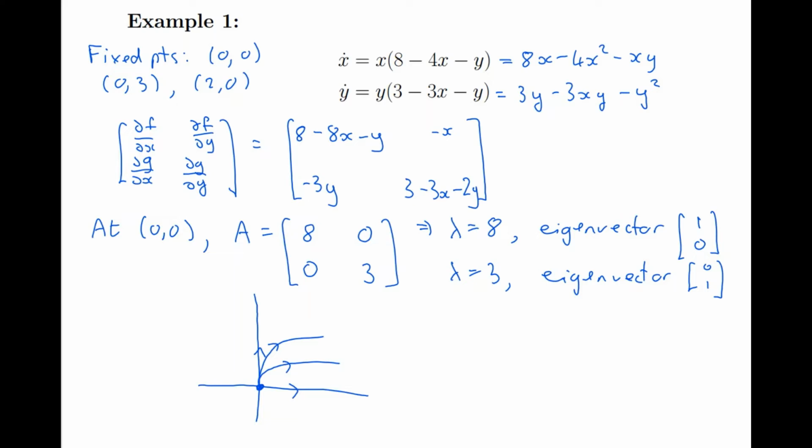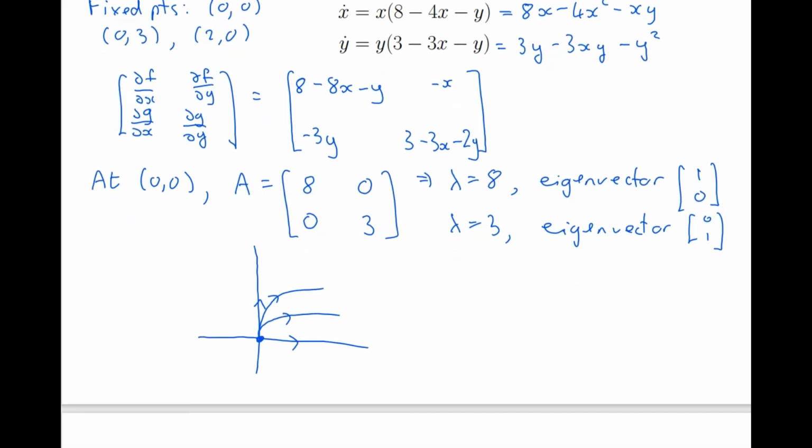Okay, I need to move on now and do the other fixed points. There's the Jacobian derivative matrix again. Now I'm going to consider the fixed point 0, 3. I'm going to plug in x equals 0, y equals 3. I will get 5, 0, negative 9, negative 3.